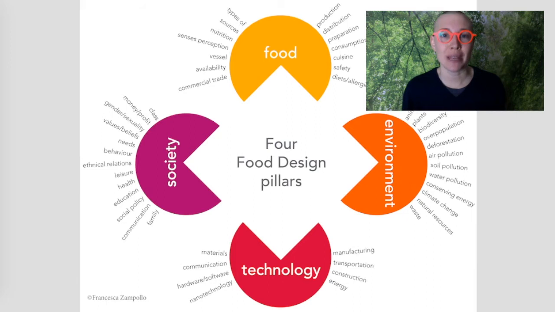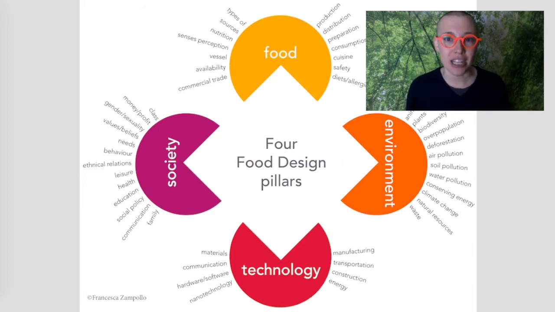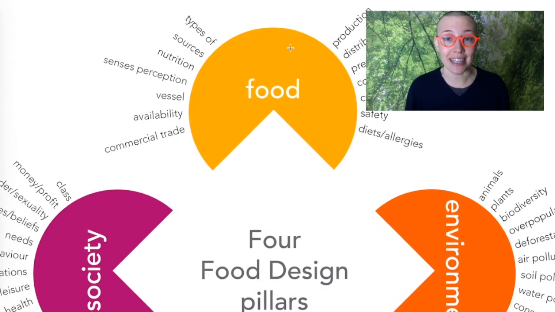Visualizing these 4 pillars allows food designers, chefs, and food innovators to use them as a guide in any food design project. They can be a guide to executing a more exhaustive project that branches out into deeper research and to implementing a solution that is more deliberate, thoughtful, inclusive, sustainable, effective, forward-thinking, and possibly radical.